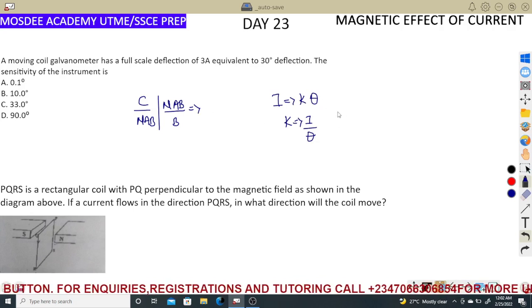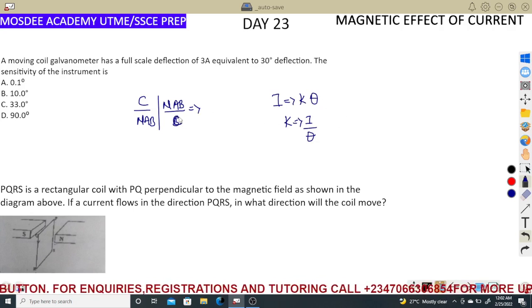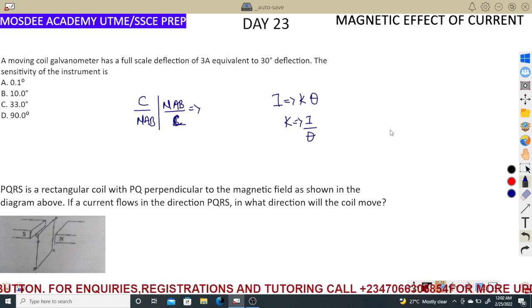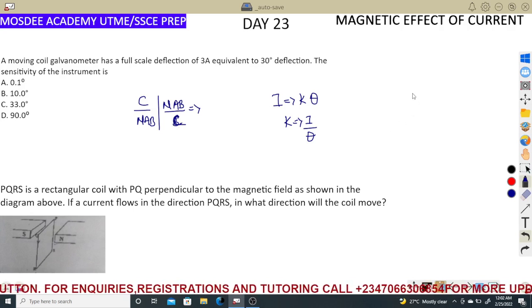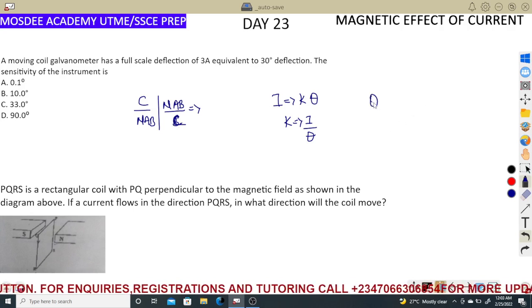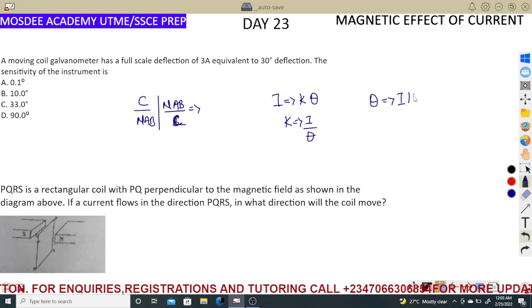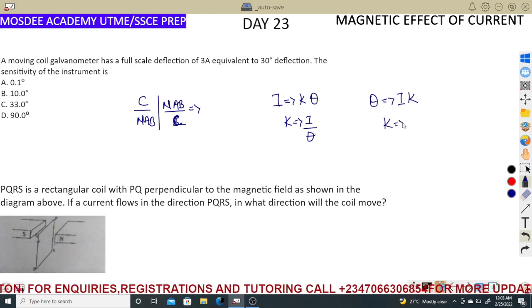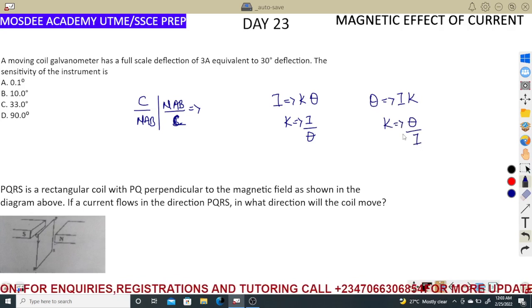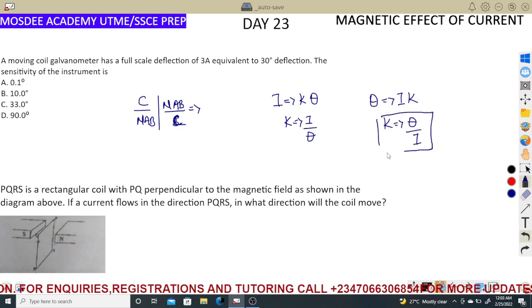If it is NAB over C, we say theta equals IK or KI, so K equals theta over I. So both are correct formulas for sensitivity of the galvanometer.